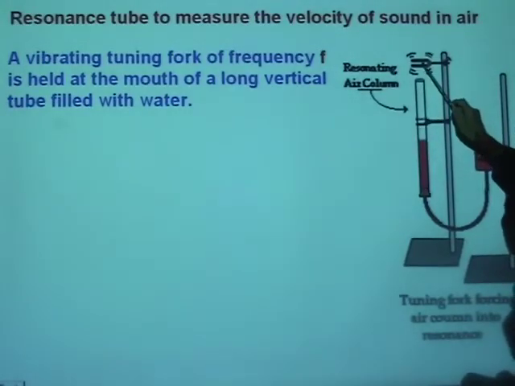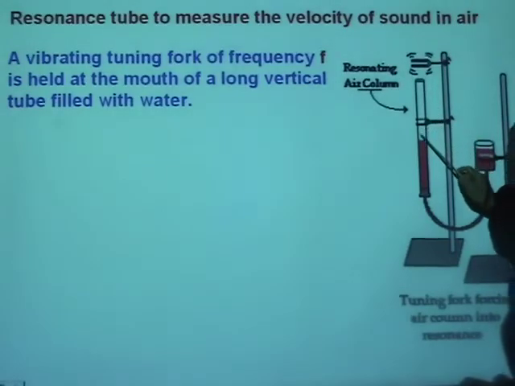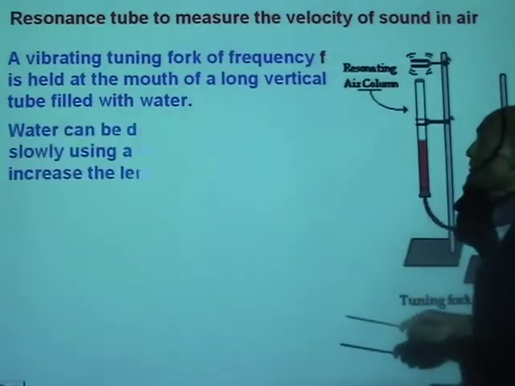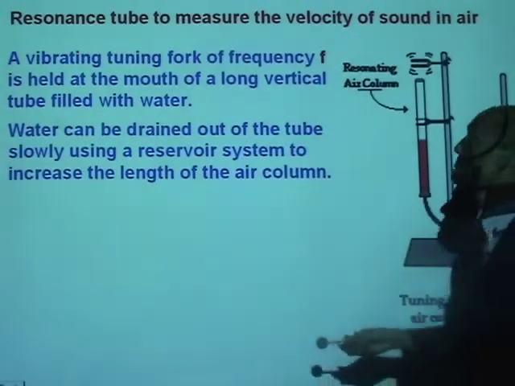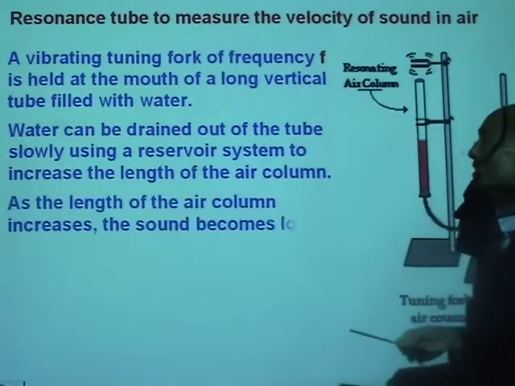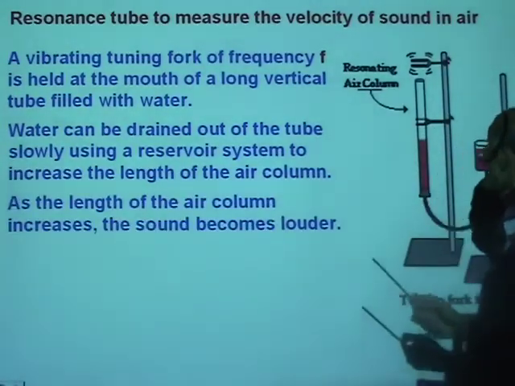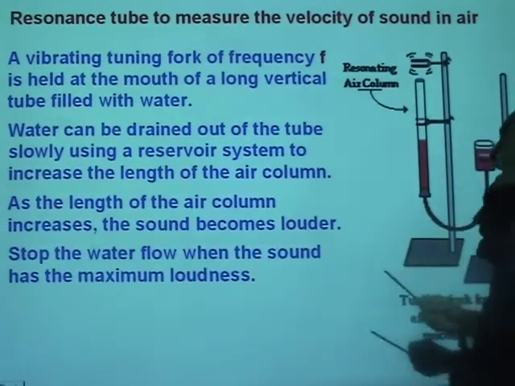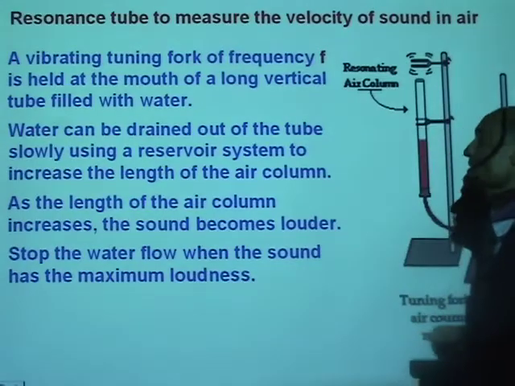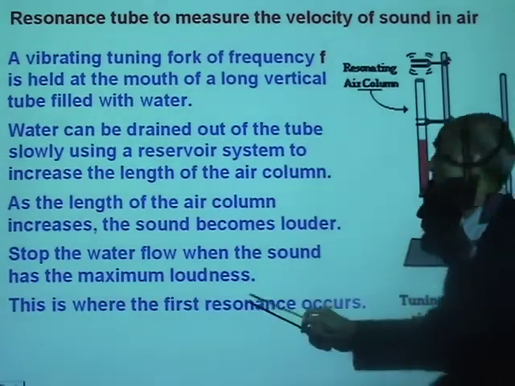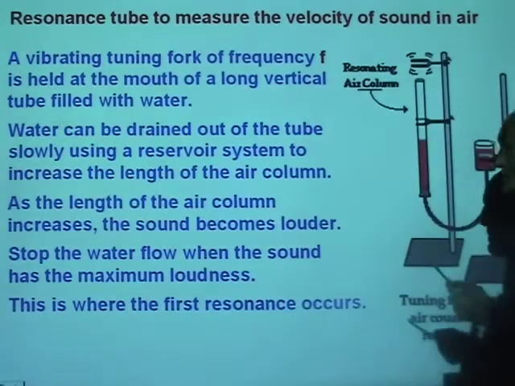When the frequency of the tuning fork is equal to the natural frequency of the length of air, you have a resonance occurring. So water can be drained out of the tube slowly using the reservoir. As the length of the air column increases, the sound becomes louder, and stop the water flow when the sound has the maximum loudness. This is where the first resonance occurs.